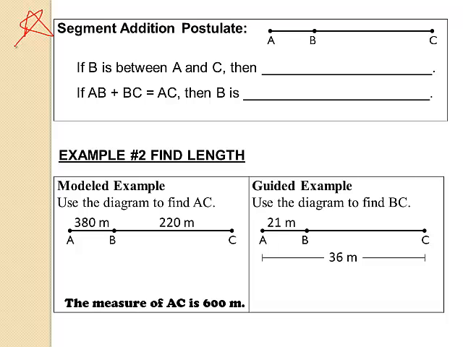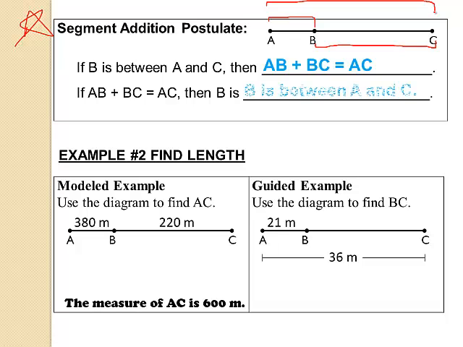If point B is between A and C, we can conclude that AB's length plus BC's length equals AC's entire length. So for example, this length AB plus this length BC is going to equal the entire length of AC. And the converse is also true as well. If we conclude that AB plus BC equals AC, then B is going to be between A and C.